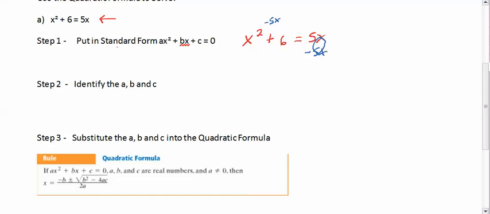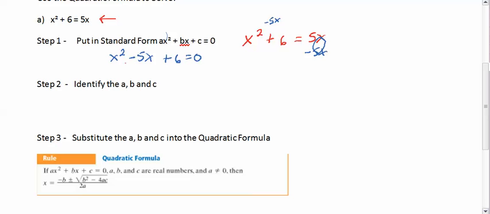So let's rewrite it. We've got x squared minus 5x plus 6 is equal to 0. Okay, so now is that in standard form? Ax squared plus bx plus c, and it is.